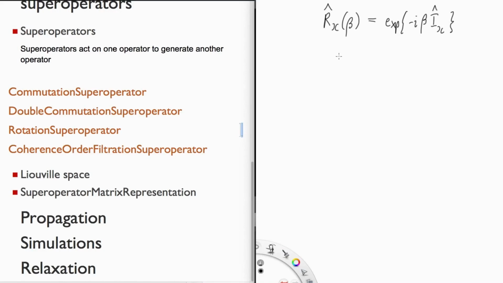Well, in the product operator theory of solution NMR, we often have evolution not only under Ix, Iy, or Iz, but under product operators. So how do we express that mathematically?